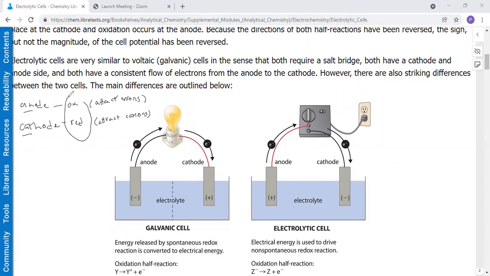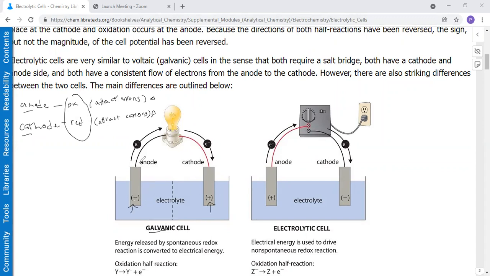So these always occur respectively, and this occurs as a result of their respective functions. Now, that explains why in a galvanic cell, we have a negative here and a positive here.